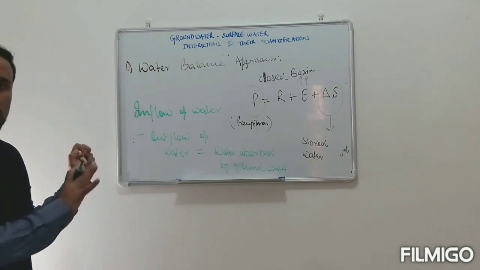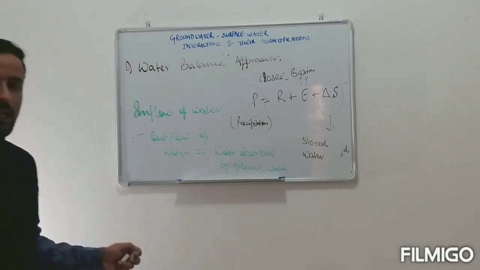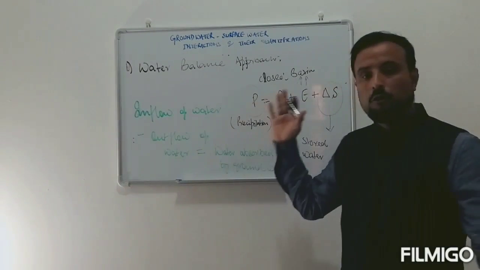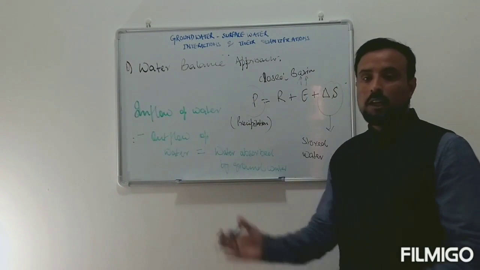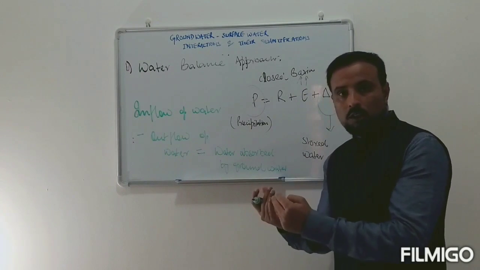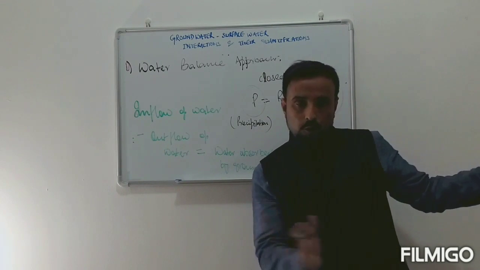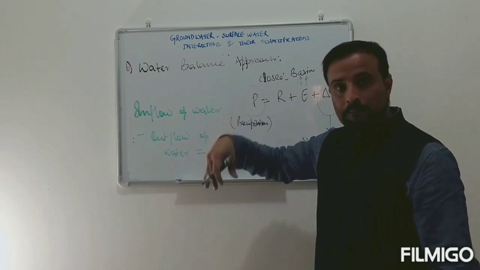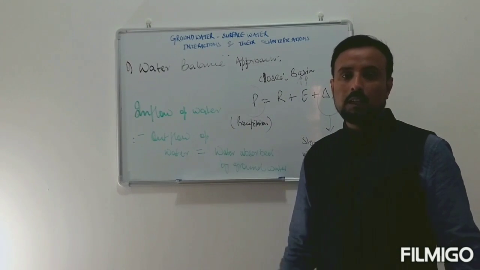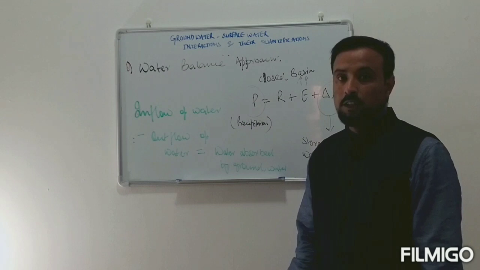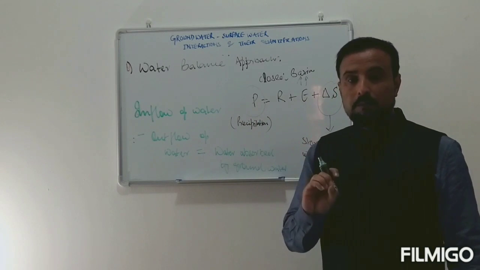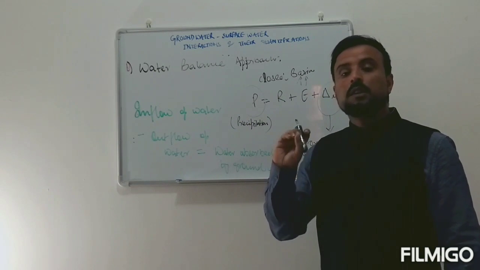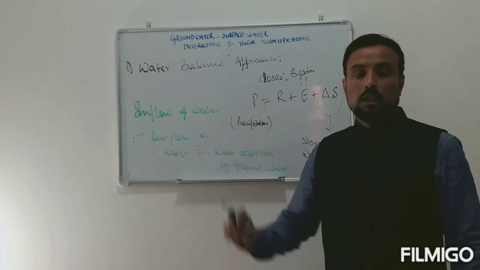Basically, this is the idea about this equation, that in a particular catchment, if water is coming in the form of inflow, and you subtract the outflow water which is going away from the system, it will give you an idea how much water is absorbed by the soil or ground there. But a very important thing to consider here is the evaporated water also.